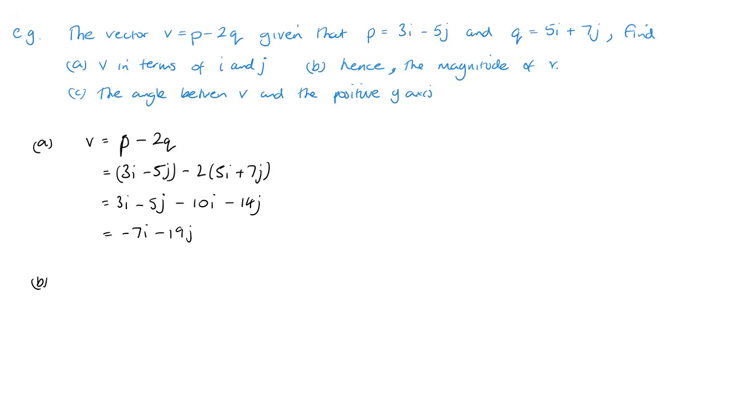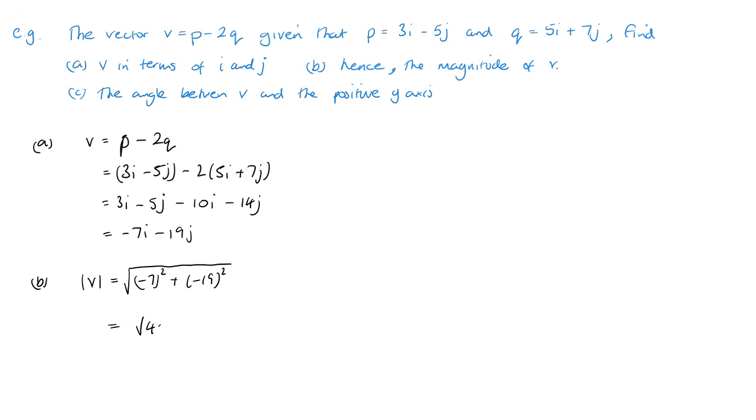Now b, hence find the magnitude of v. So the magnitude of v, we write v in the modulus sign, and this is minus 7 squared plus minus 19 squared, and then square rooted.